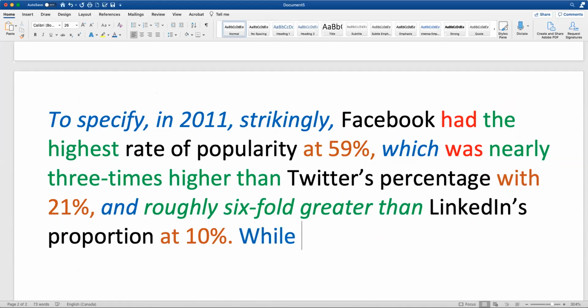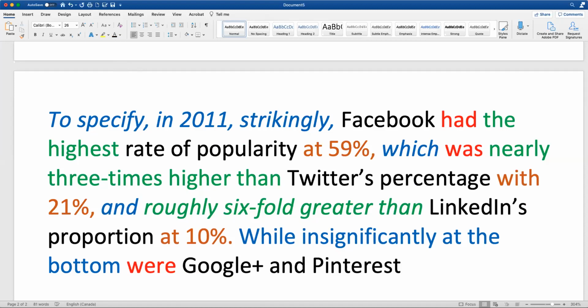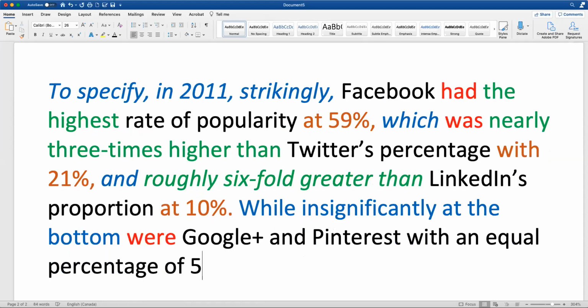We can say, while insignificantly at the bottom were Google Plus and Pinterest, with an equal percentage of 5%.